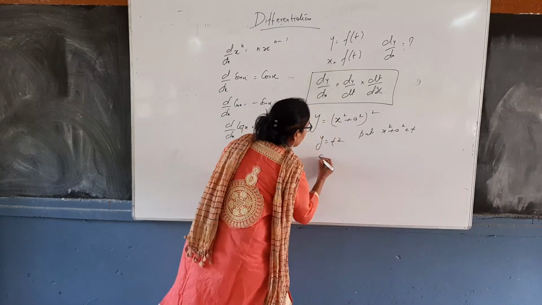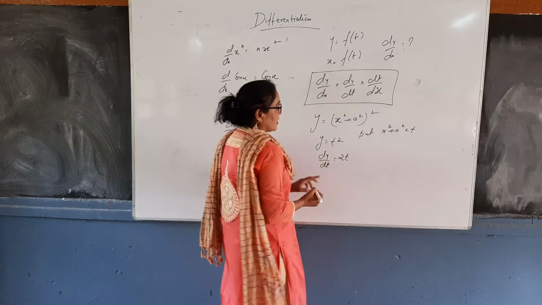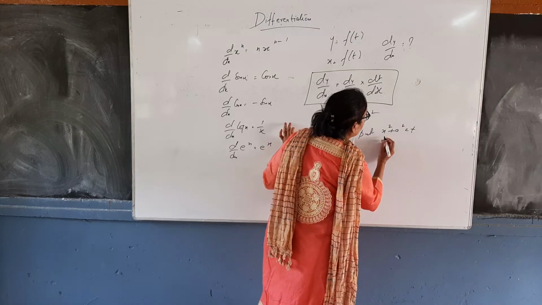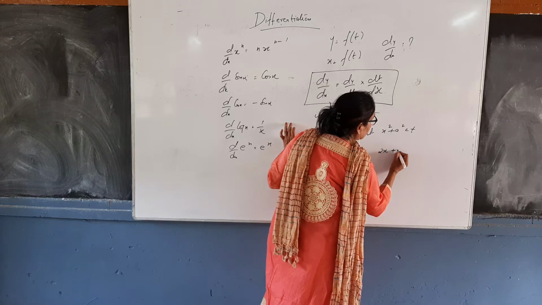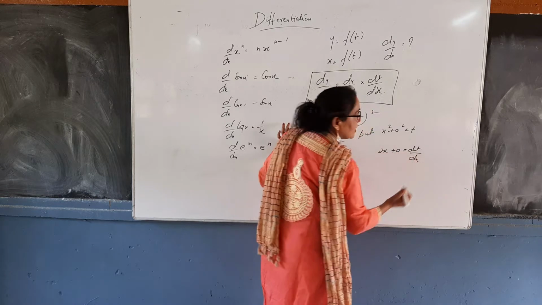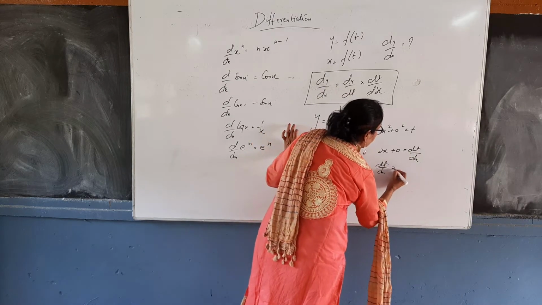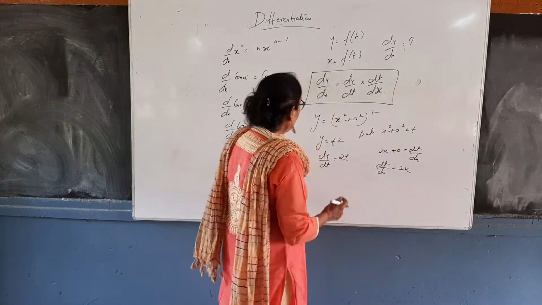So here we will get dy by dt equal to 2t. And if we differentiate x square plus a square, we get 2x plus 0, which is equal to dt by dx. So dt by dx is equal to 2x.